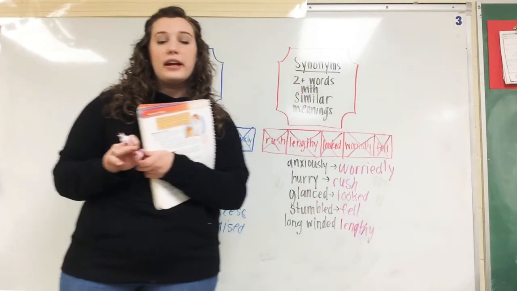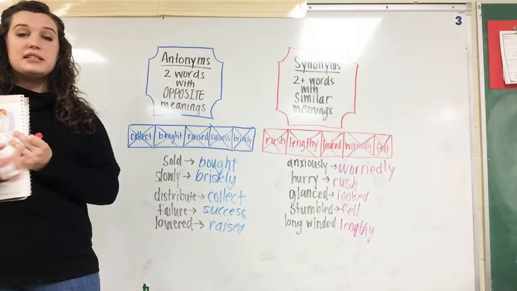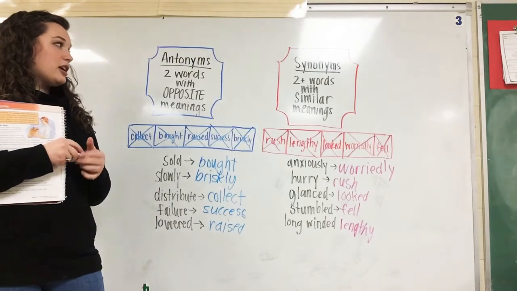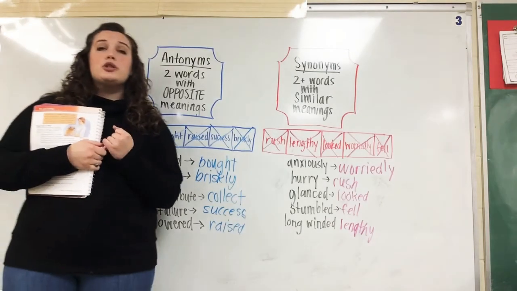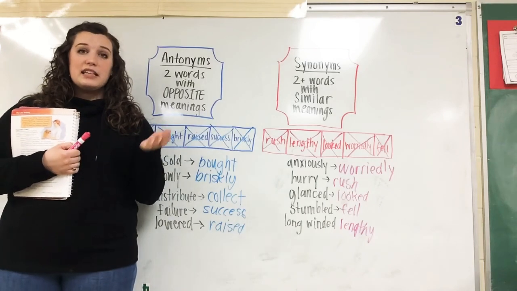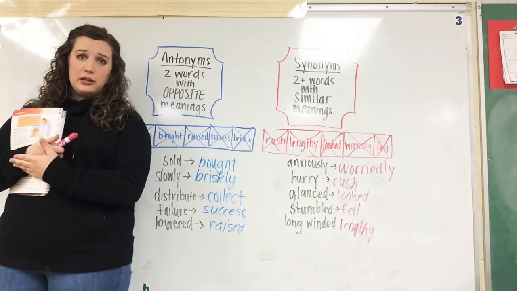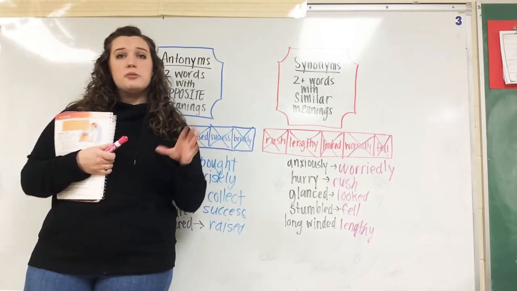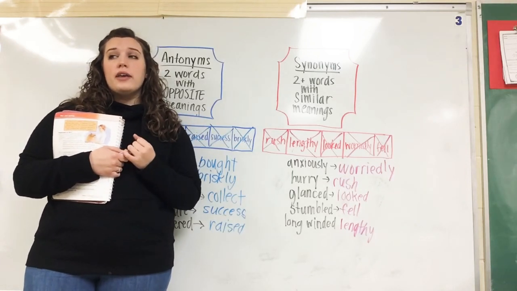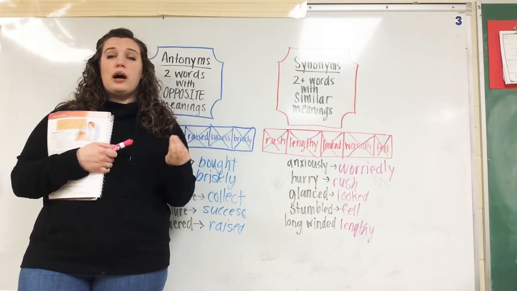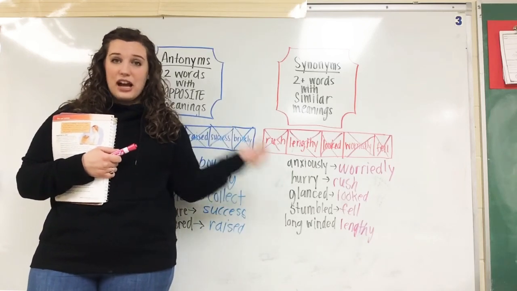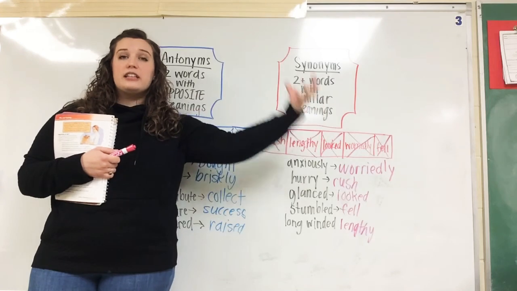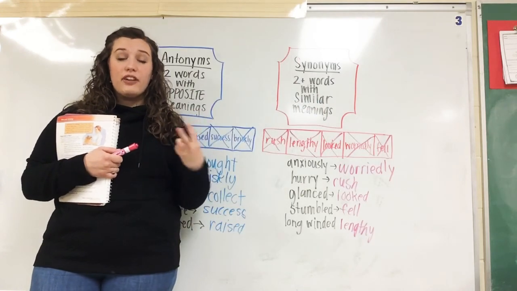All right, so in reading and writing, the reason why you might use antonyms and synonyms: antonyms are for comparing and contrasting, okay? So, he was as kind as she was mean, okay? So it gives you a greater word picture, a greater understanding to be able to compare and contrast. If you're comparing, you're finding the similarities. If you're contrasting, you are finding the differences.